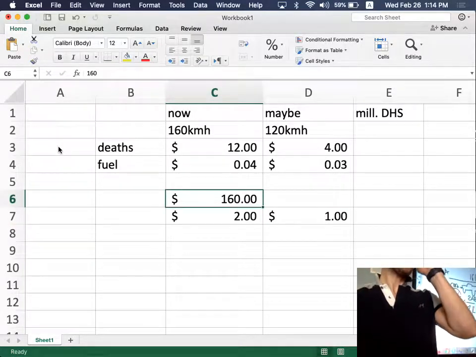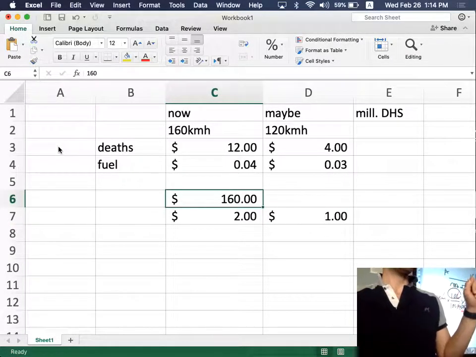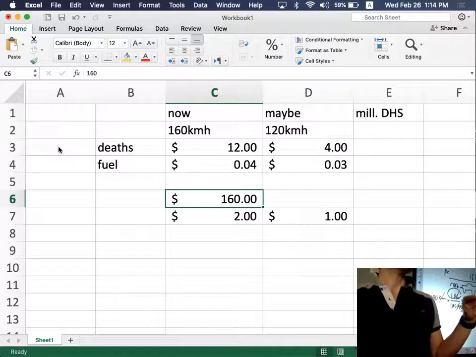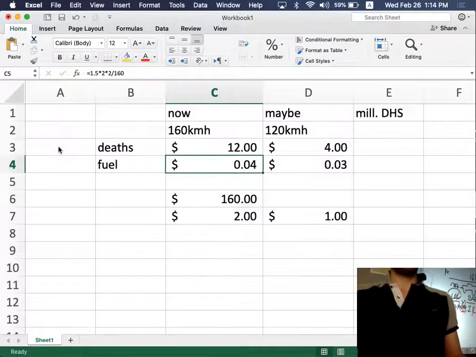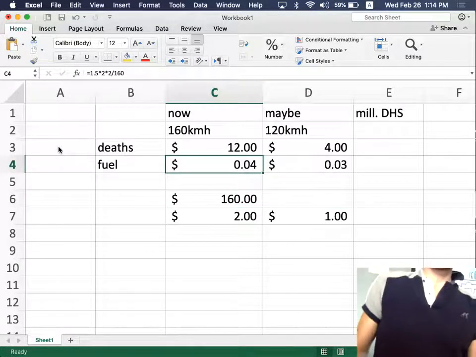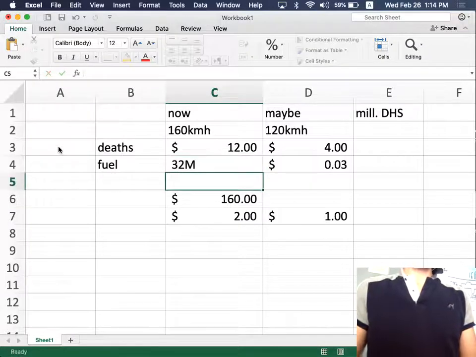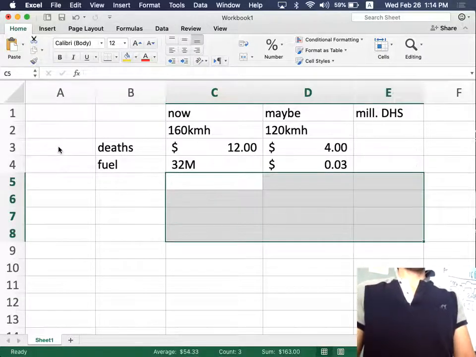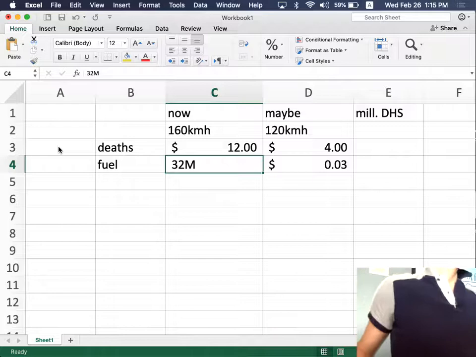And this is for now or for the 120 kilometers per hour? For the 160. Excellent. So that is 32 million wasted in gasoline in 1 year.